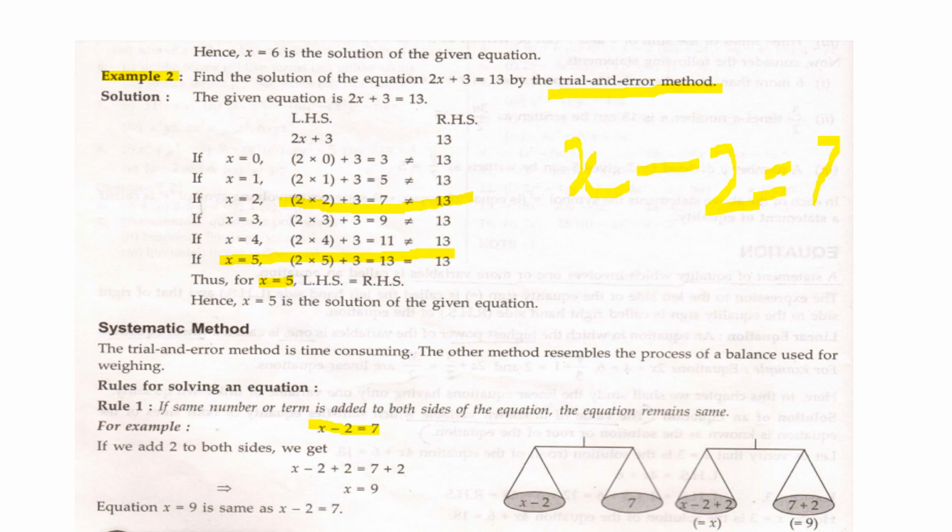Now I am taking my minus 2 to the opposite side, so x equals what? 7. Now your minus 2, when it moves to the other side, becomes a plus 2. So x equals 9 is the root of the equation.